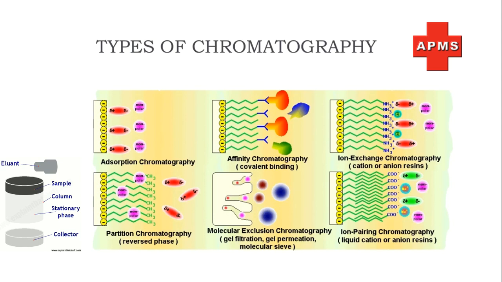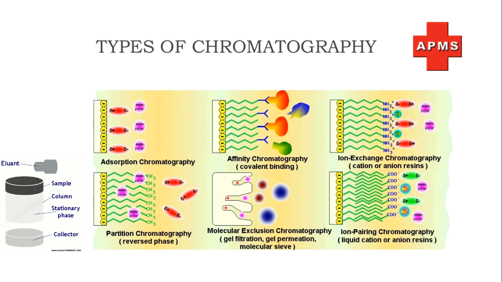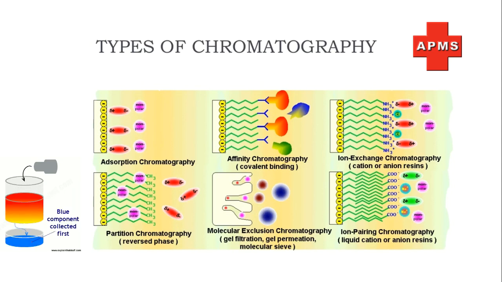Now come to this point, which is types of chromatography. These types are based on, or classified on the basis of, the interaction between stationary phase and sample, or we can say stationary phase and mobile phase.